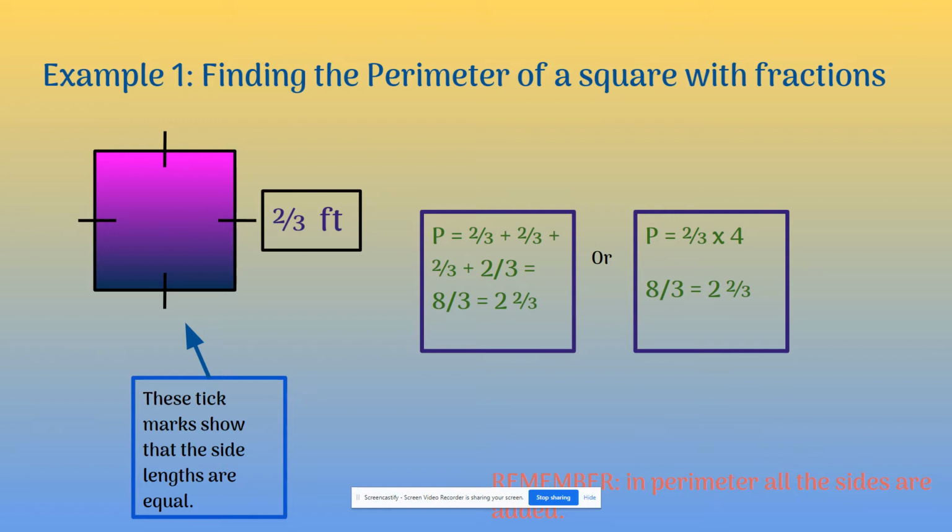Or the multiplication method is P equals 2/3 times 4 for the square, which equals 8/3 equals 2 and 2/3. Remember, in perimeter, all the sides are added.